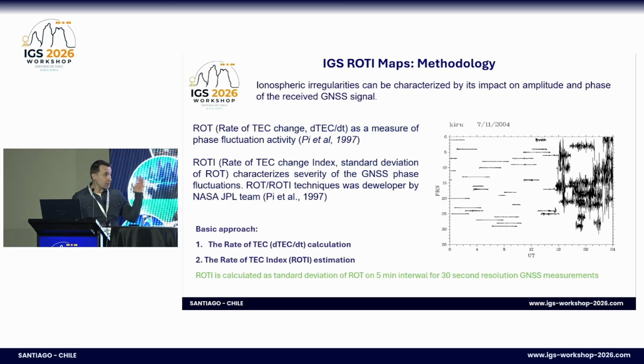So, the basics: we use signatures of atmospheric irregularities in GNSS and indices derived from signal combinations, the rate of TEC and the rate of TEC index.